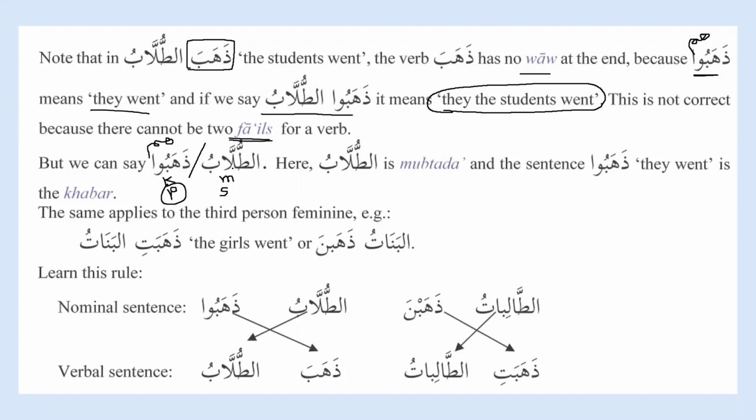Again, let me repeat, the verb should follow the noun. If we have one student, at-talibu, we will say at-talibu dhahaba. If we have two students, we will say at-talibani dhahaba. And if we have more than two students, we will say at-tullabu dhahabu. Here you have to run the conjugation. If the subject changes, the predicate will change.